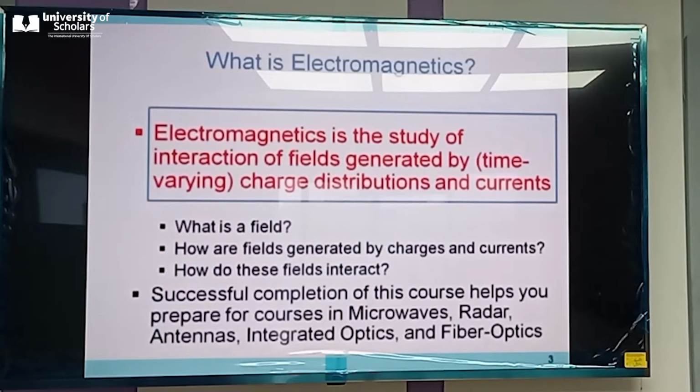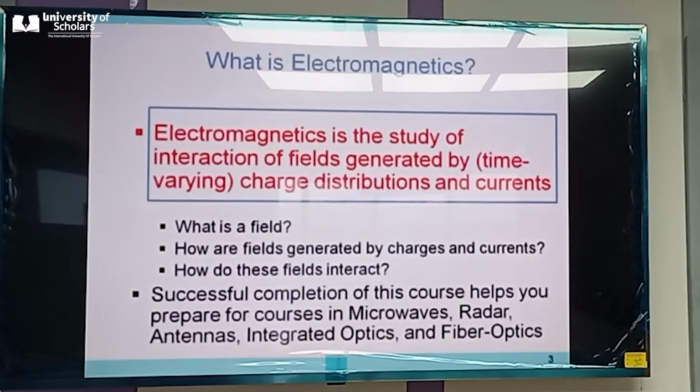We said that electromagnetics is the study of interaction of fields that are generated by possibly time-varying charge distributions and currents. So the question that should naturally come up is, what is a field? Then how are these fields generated by charge distributions and currents? How does a particular charge configuration generate a given electric field or a magnetic field?